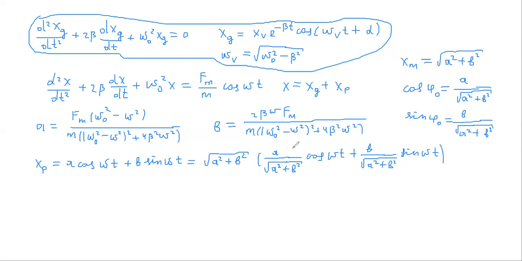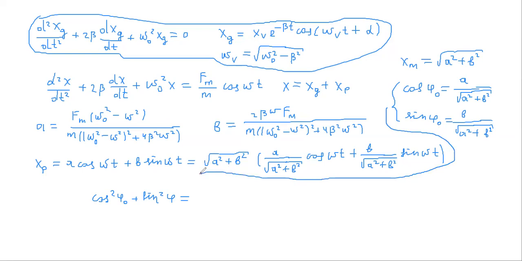Because according to the trigonometric rules, cosine to the power of 2 phi 0 plus sinus to the power of 2 phi 0 must be equal to 1. Let's check if it is true.